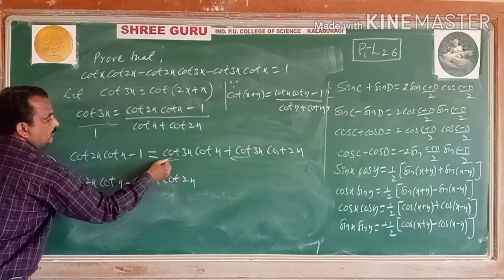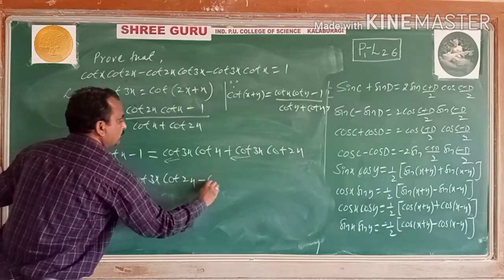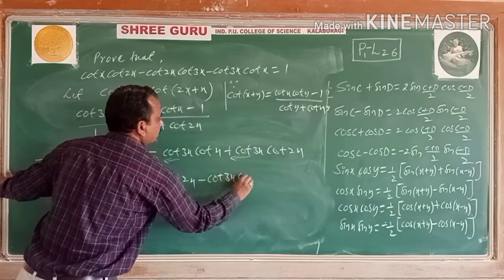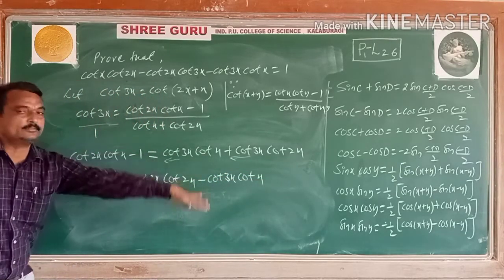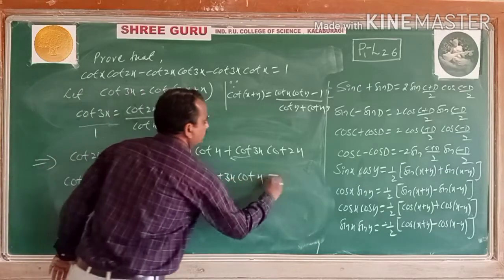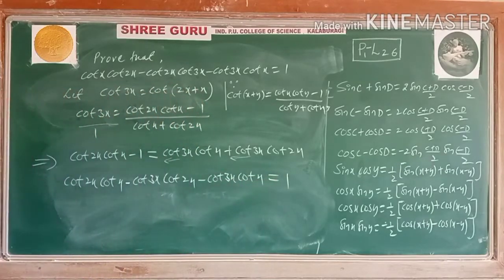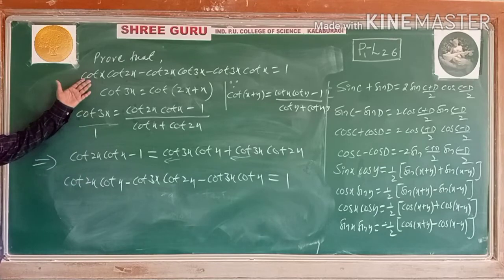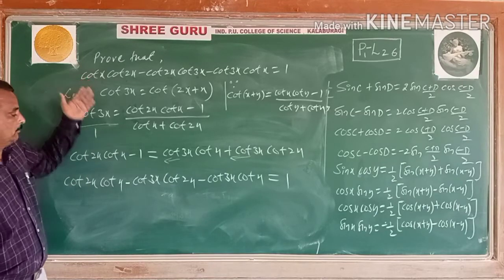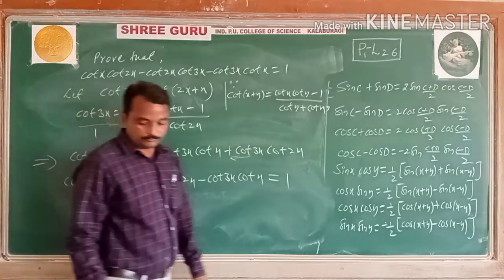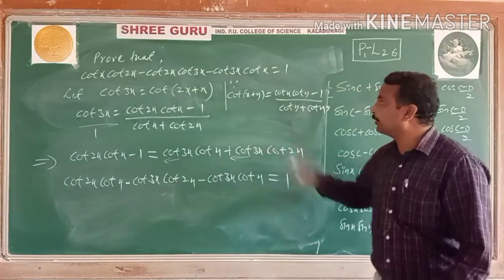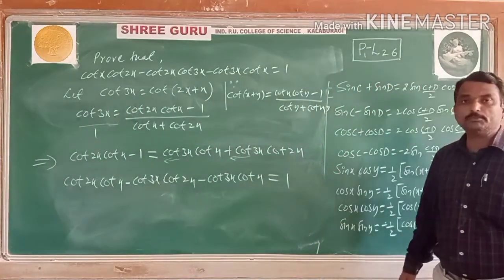This term also taking this side, positive, this also becomes negative. Cot 3x, cot x. This minus 1 taking that side, it is plus 1. So this is about the cot 2x cot x minus cot 3x cot 2x minus cot 3x into cot of x. This is about the same similar type.